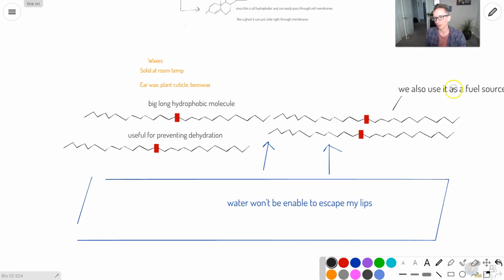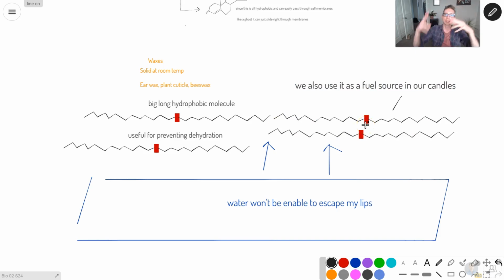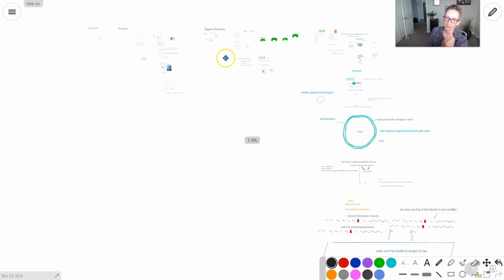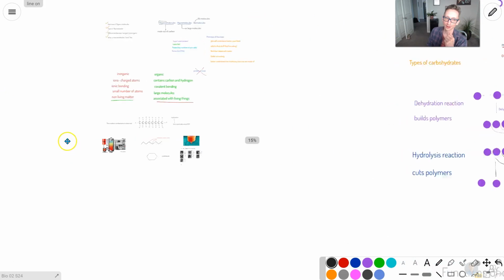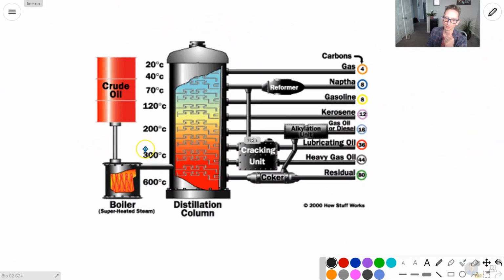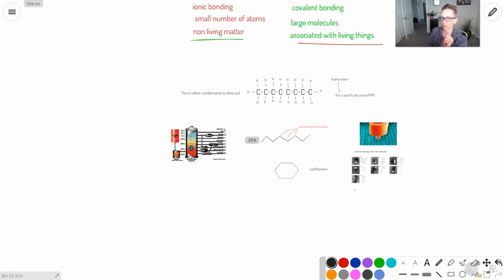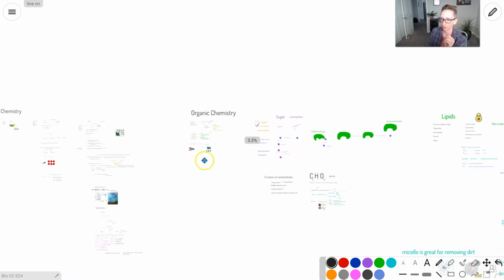You burn a candle, that's made out of a wax. It's a bunch of hydrocarbons. You add a little bit of flame to it, you can create combustion, which will chew these big long fuel sources away, turn them into CO2 and water. Remember that a hydrocarbon is just a fuel source. So even the biological hydrocarbons are great sources for burning, creating combustion.